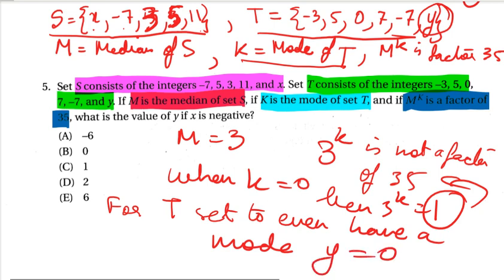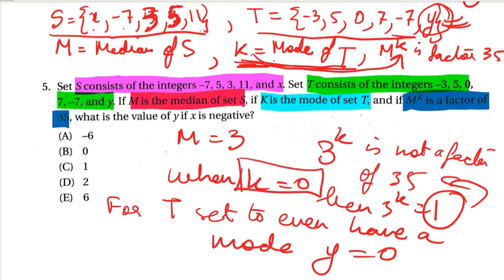So 0 will repeat the most number of times, hence y has to be 0, because K is the mode of T. This K that you find, you take from the mode of T, and then put this value of K in M^K. So K has to be 0. That implies the y given over here is 0. So what is your final answer, students? Your final answer is 0.